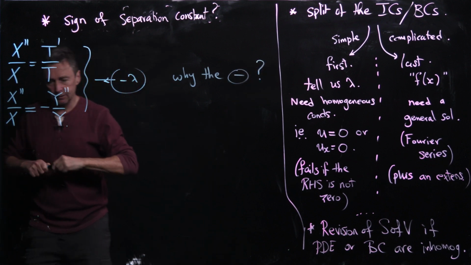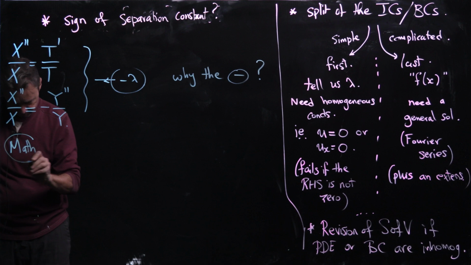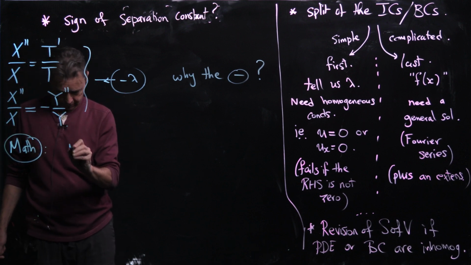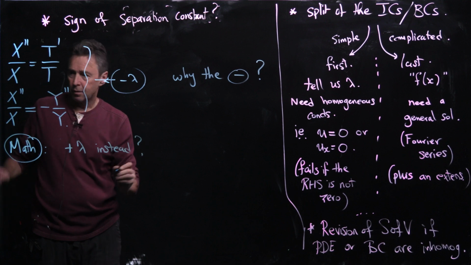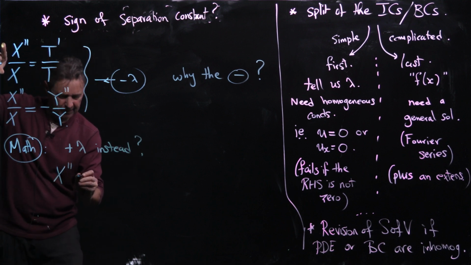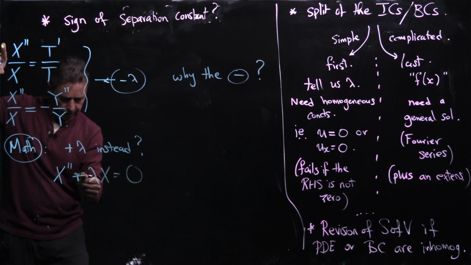Okay, first of all, let's do the math reason. Let's imagine that we made the opposite choice. Let's have a look. So the x problem, you would get x prime primed. Instead of getting what we had before, which was a plus lambda x, we'd get a minus sign.